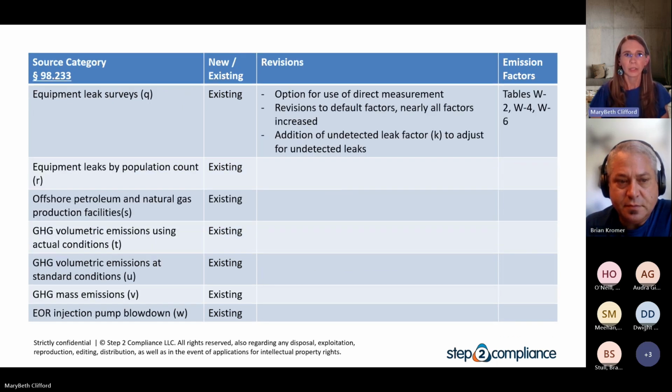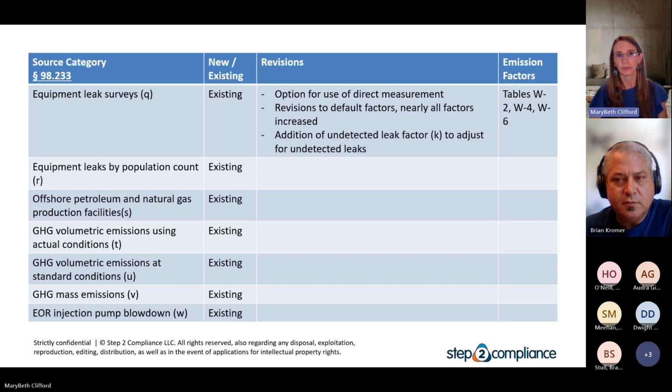One of the biggest changes is to an existing source category, the equipment leak surveys. They have added in the ability to use direct measurement, but the process of doing this is very cumbersome and going to be difficult, especially for small companies to be able to pull it off, as the required minimum number of leaks to determine a site-specific factor is 50.